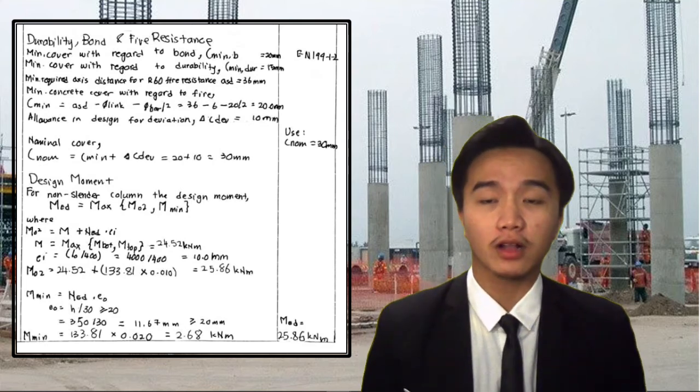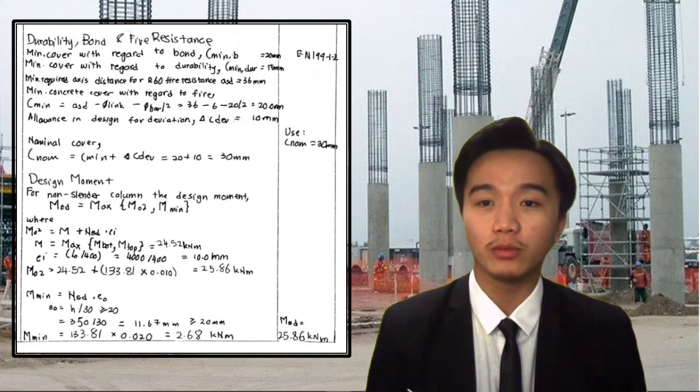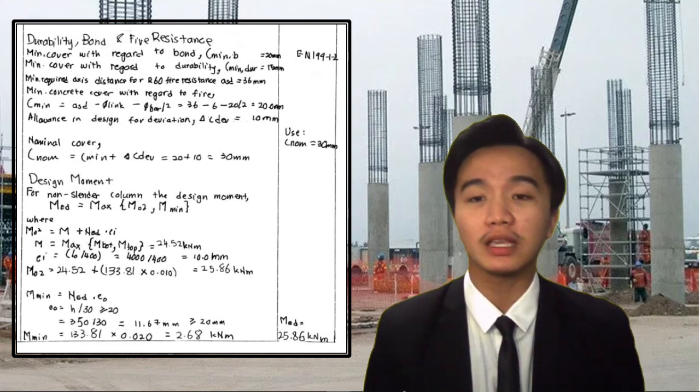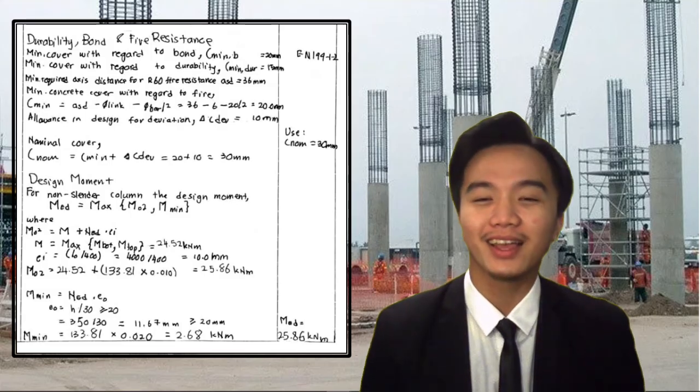While for our nominal cover, as you can see here, our C nom is 30 mm, and the design moment for the non-slender column, which is our M Ed that we have gotten here, is 25.86 kNm.